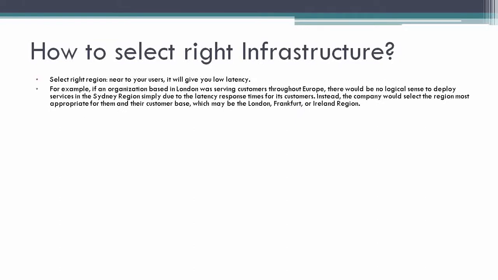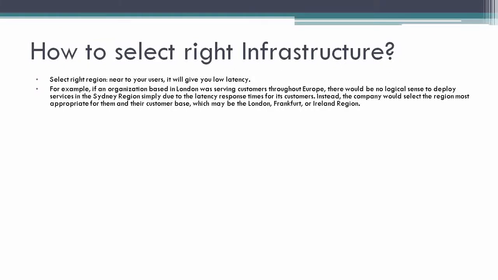For example, if an organization based in London was serving customers throughout Europe, there would be no logical sense to deploy services in the Sydney region simply due to latency response time for its customers.